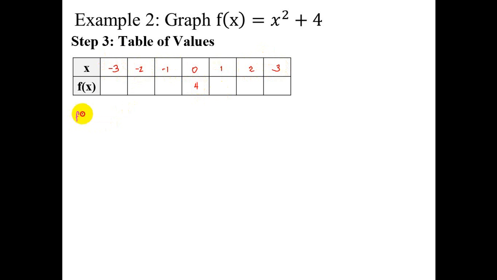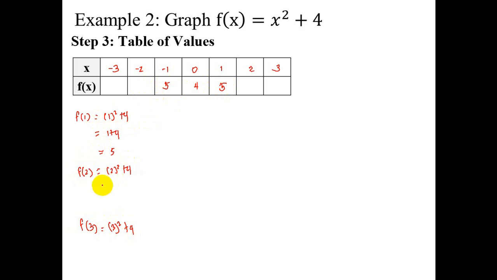We will be solving for f of 1 equals 1 squared plus 4, f of 2 equals 2 squared plus 4, then f of 3 equals 3 squared plus 4. So 1 times 1 is 1, plus 4 is 5. Therefore, f of 1 is 5. And f of -1, since the parabola is symmetrical, is also 5.